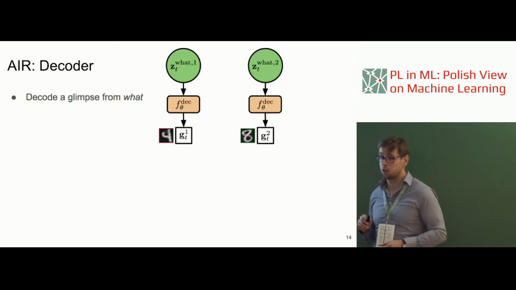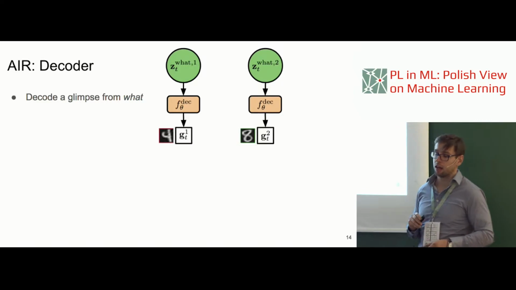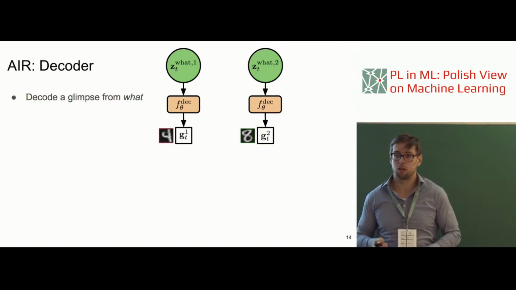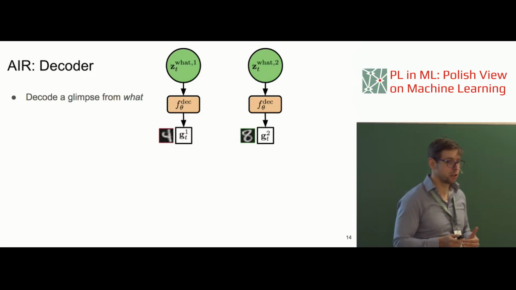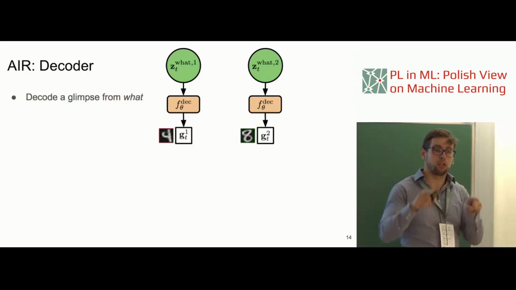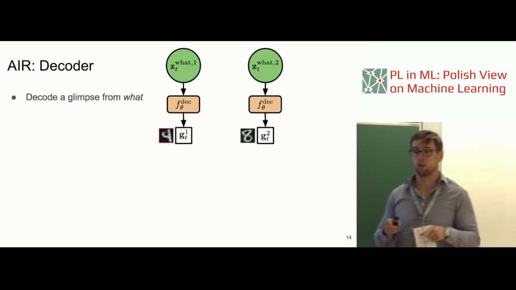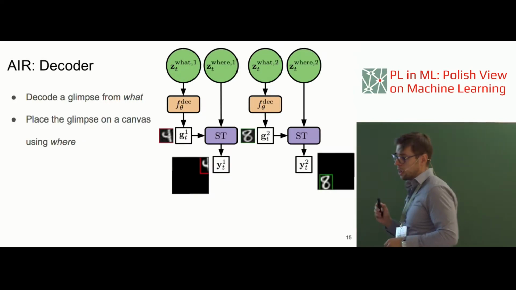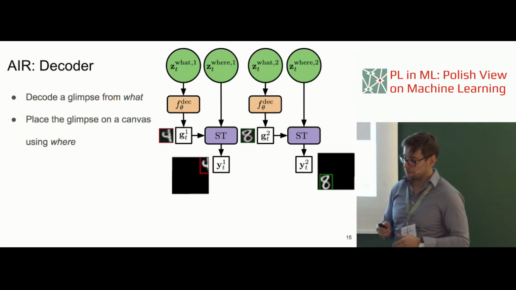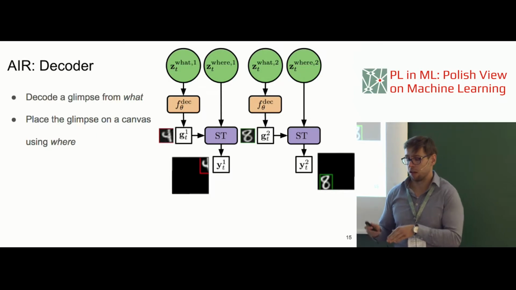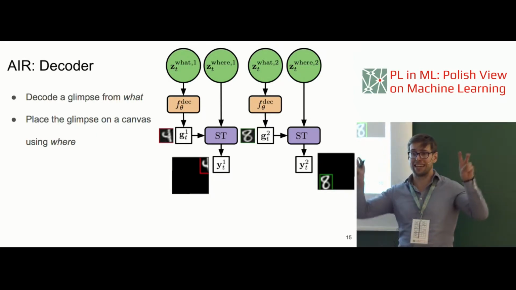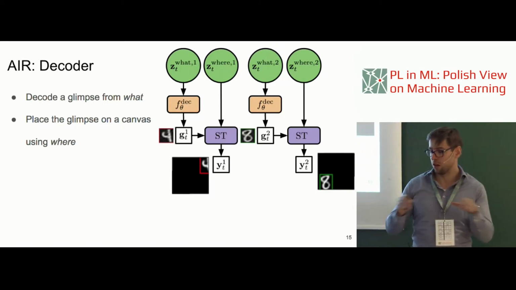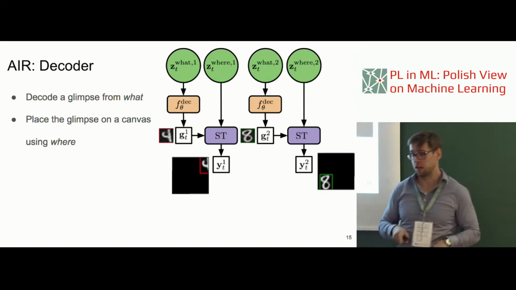So let's look at how the decoder works. In this case, if you take the what component for every object, you can pass it through some neural network and ask that neural network to reconstruct a small image of the object of interest. Once you have that, you can use the where variable to transform this small reconstructed object, or an attention glimpse, as it is often called, and place it onto a bigger canvas, like shown here.